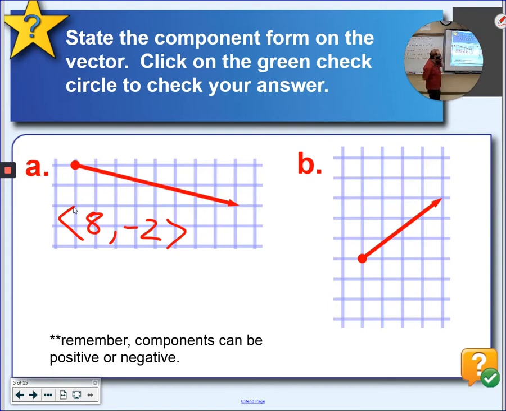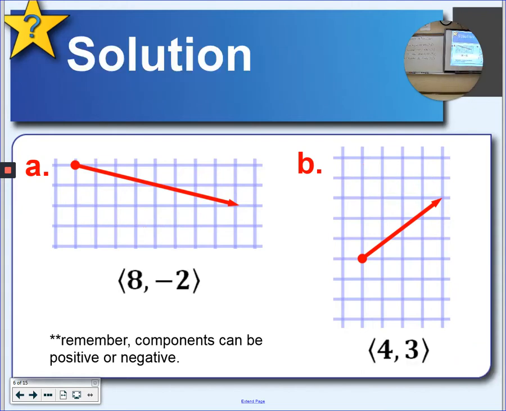How about vector B? Positive 5, positive 4. Now the next one: 1, 2, 3, 4, positive 3. Let's see if our check button works. Yes: 8, -2, and then 4, 3. Cool. Questions there?